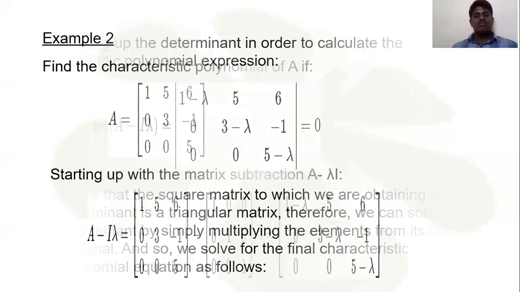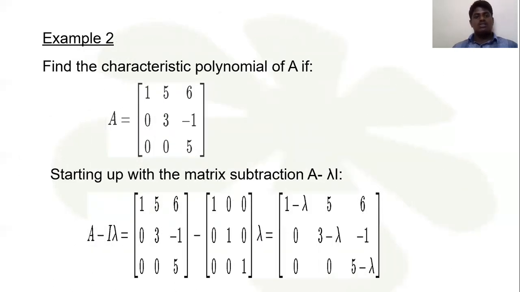And here is the example of equation 2. We can easily identify the characteristic polynomial of a 3 by 3 matrix. Using the formula determinant of A minus lambda I equal to 0, we can handle any type of matrix that is given.